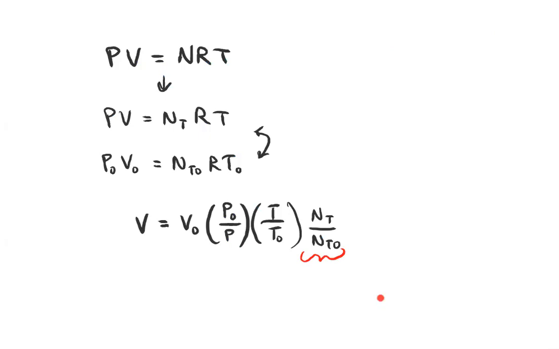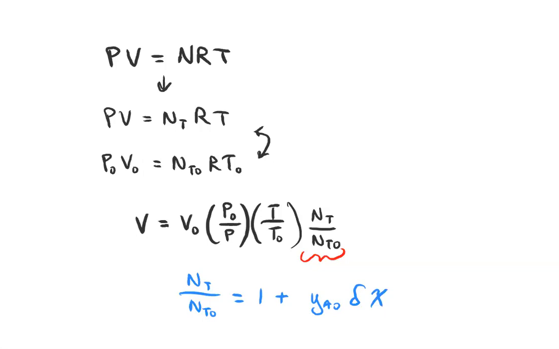If we take that and put it back here, we have NT over NT naught equals 1 plus that mole fraction, since we have everything on a basis of A, times delta times the conversion.